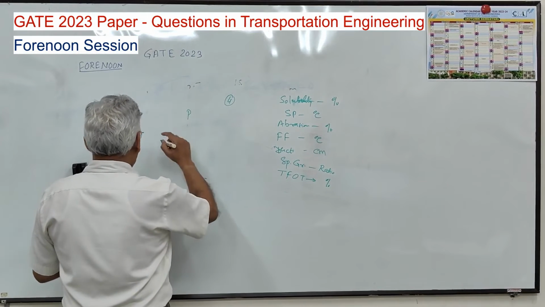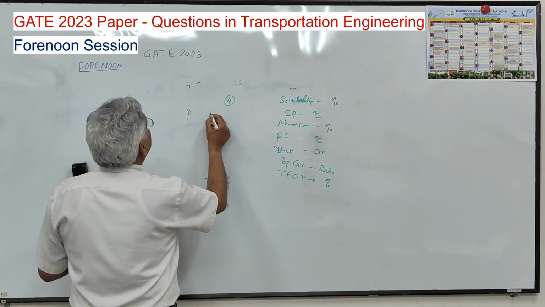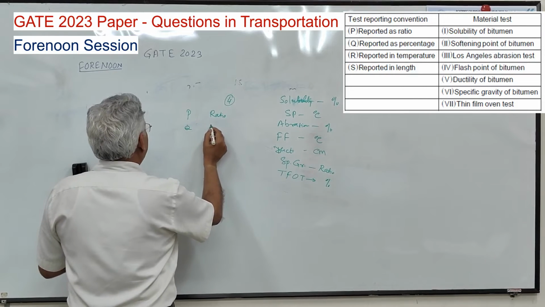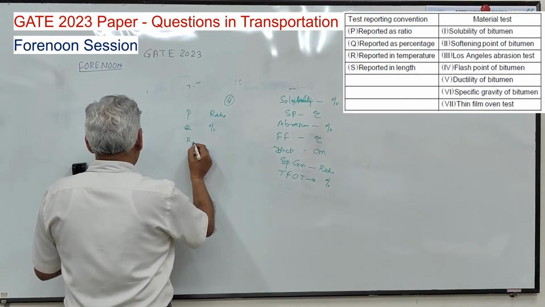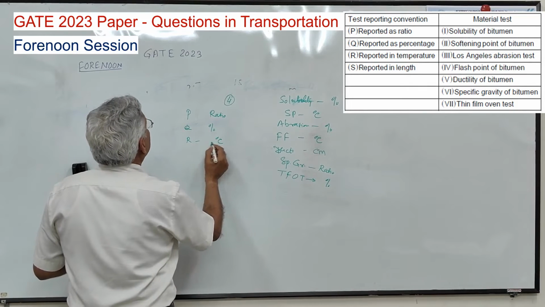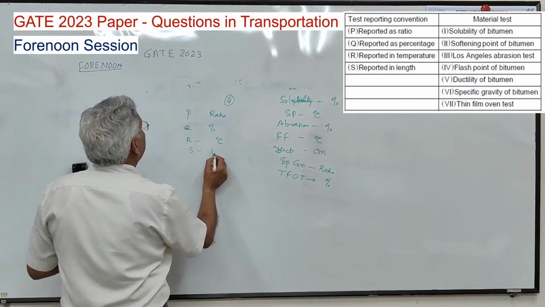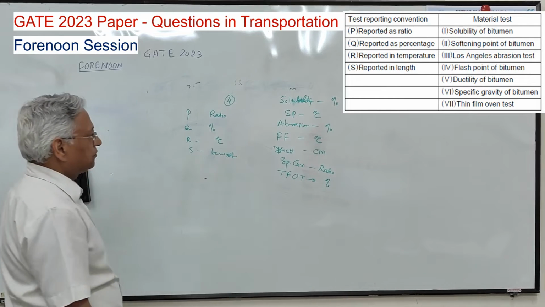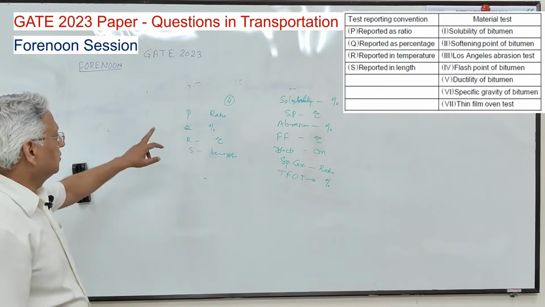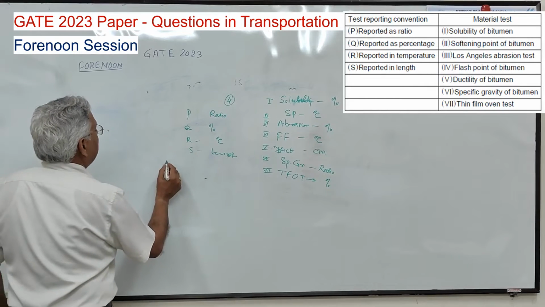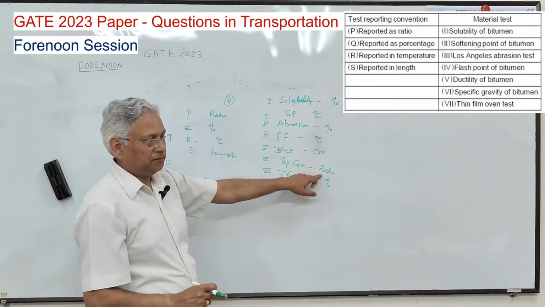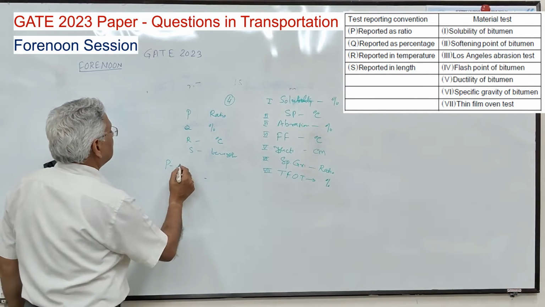Now on the left side, you see reporting is P as a ratio, Q as percentage, R as temperature, and S as length. Now let us see how these are matched. P ratio is only specific gravity, so it is 6.